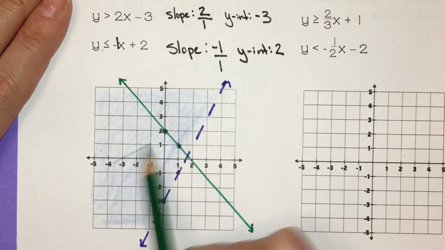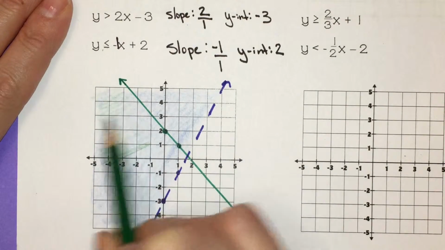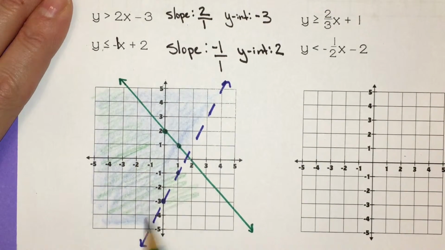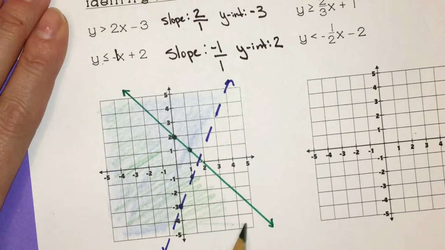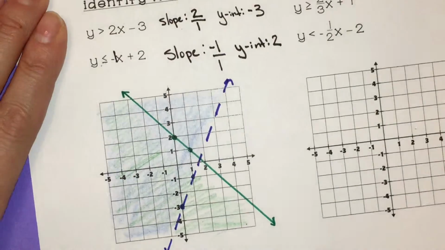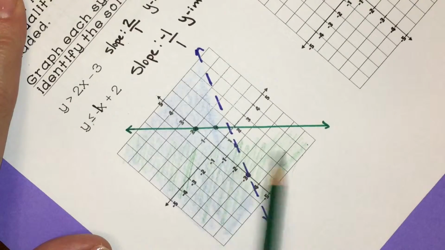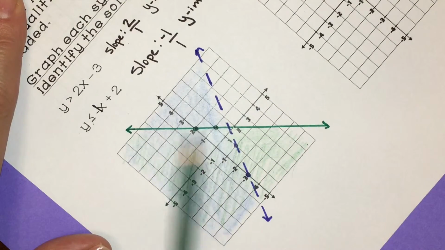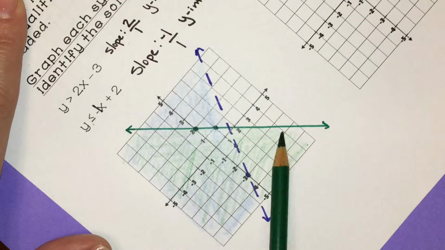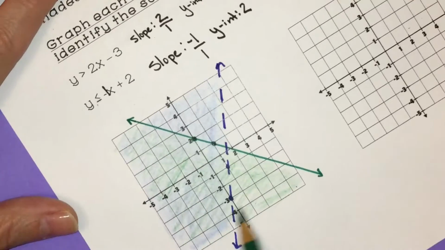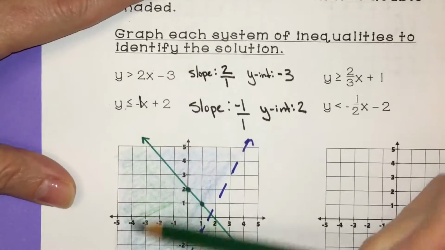That means I'm going to shade everything below, ignoring that blue area shaded and that blue line. All I care about is shading below this green line of mine. You can kind of see, hopefully, where it's double shaded.